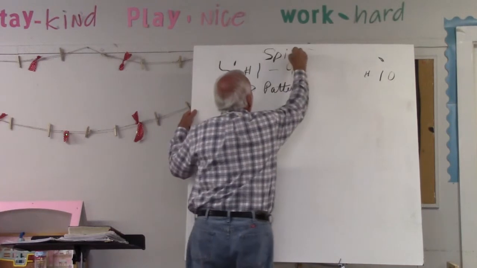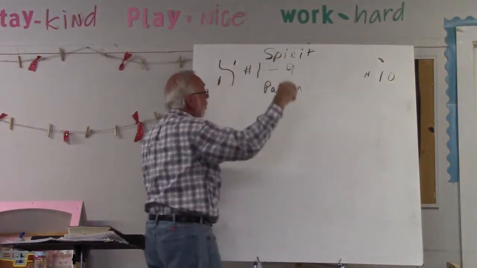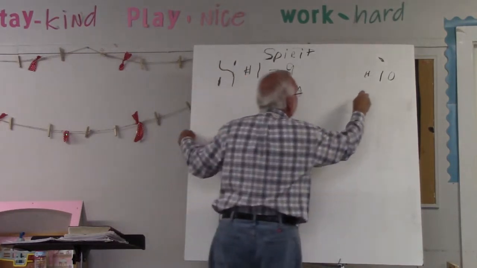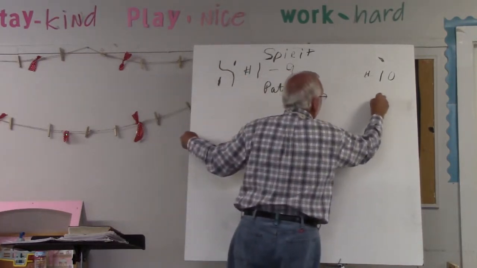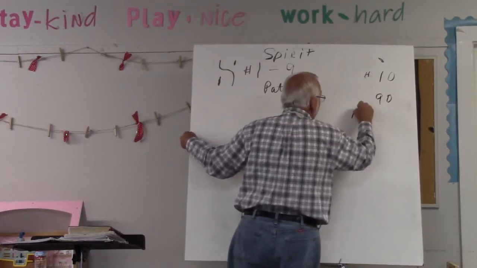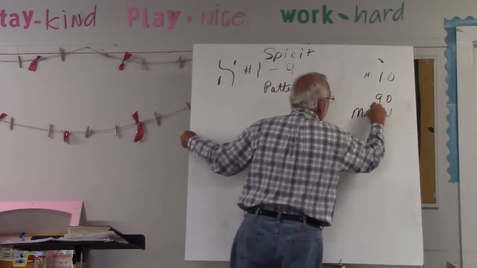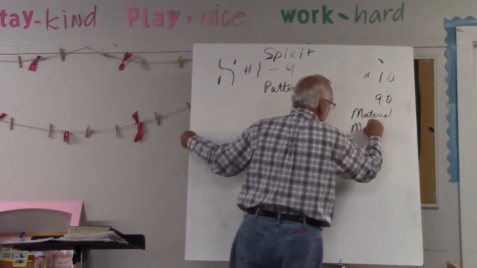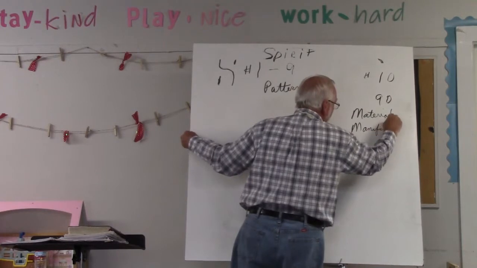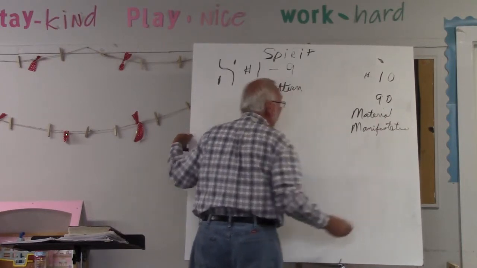spirit, S-P-I-R-I-T, or we could say spirituality. And everything 10 through 90, it represents material, or you could say manifestation. The manifest world.